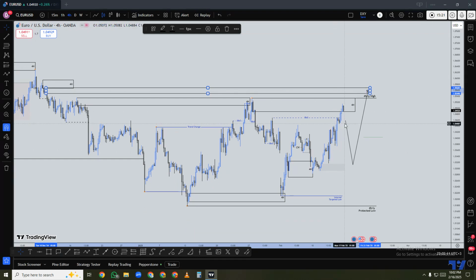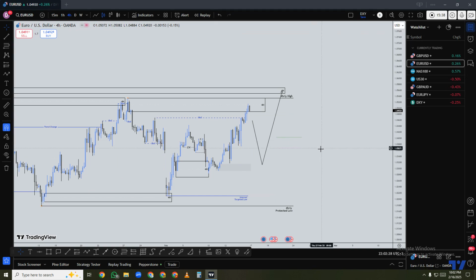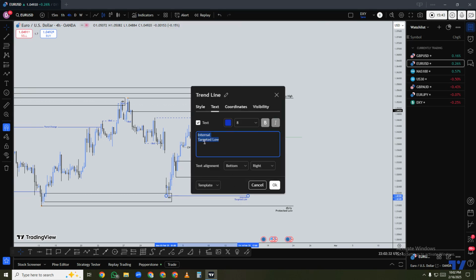I think I may be more leaning towards EURUSD than GBPUSD. Yeah, so those are the only two trade ideas that I had for you. So let's just look at the DXY. But before we look at the DXY, let's just change some things here.